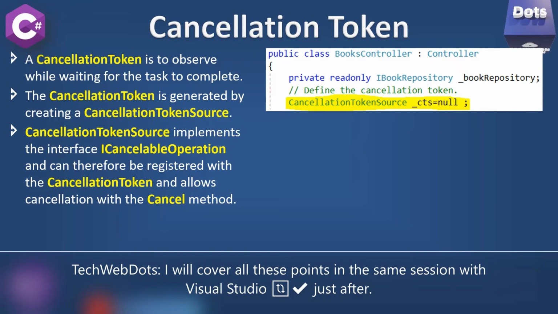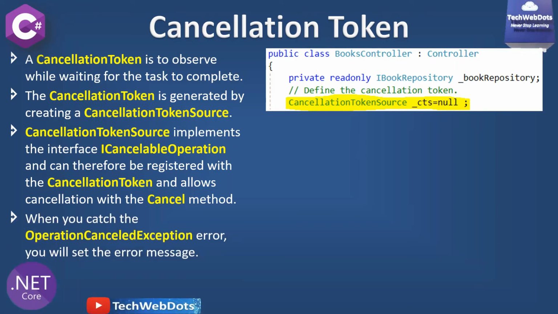Okay, so the cancel method is another important method that we use to cancel the operation. When you catch the operation cancelled exception error, you will see the error message. It means when we finally call the method for cancellation, at that time we will throw an exception, and that will be of type operation cancelled exception.